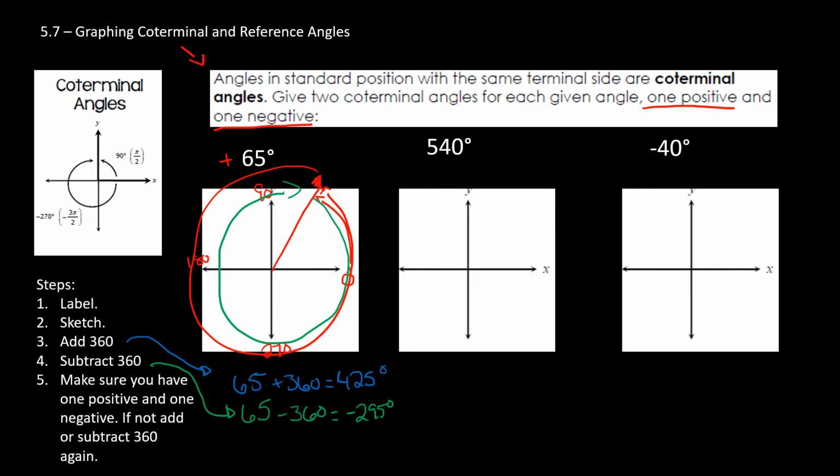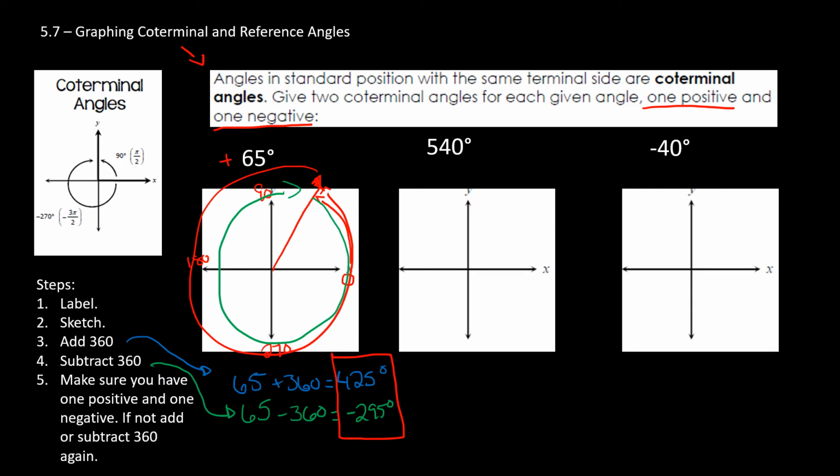So we have our positive and we have our negative coterminal angles. And step 5 says make sure you have one positive and one negative, which we do. If not, add or subtract 360 again. Now this could be in either way, and we'll get to a couple of problems that involve that. Okay, so for 65 degrees, your answers would be 425 and negative 295.